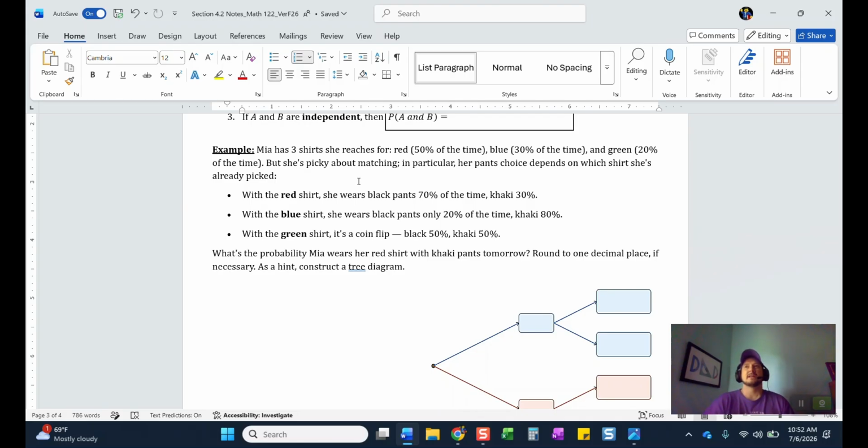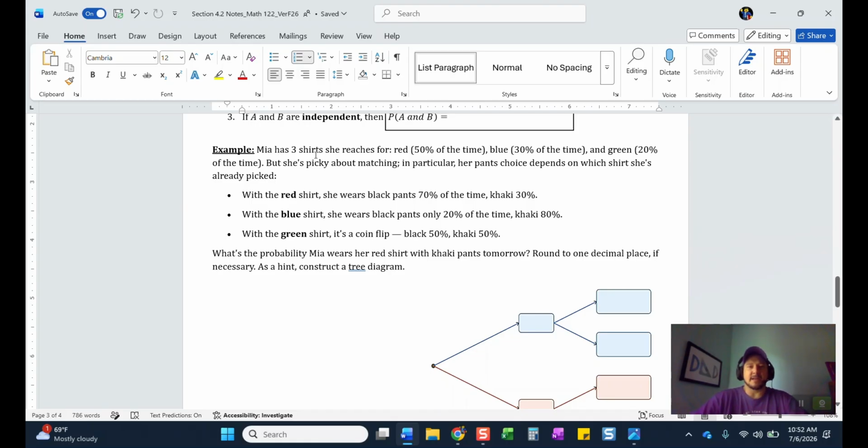If we're picking between black or khaki pants, maybe Mia likes red to go with khaki and blue to go with black. All right. So Claude applauded me for that, not to toot my own horn, but I was glad that it liked the idea. And here's what it came up with.